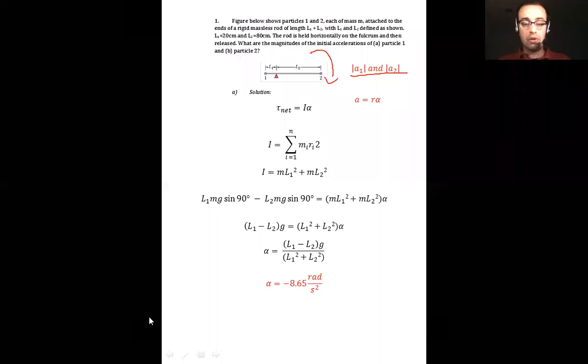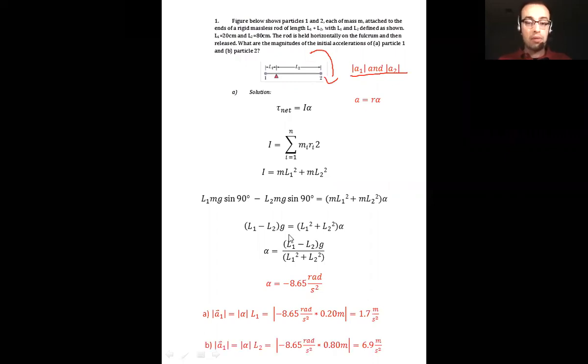So what we can then do is say, all right, magnitude of a1, so 0.1, is going to equal the magnitude of the angular acceleration times L1, or negative 8.65 radians per second squared times 0.20 meters. That's the length L1, and that's equal to 1.7 meters per second squared.